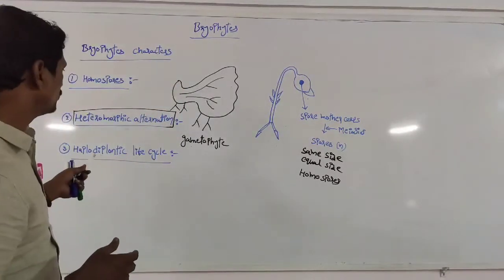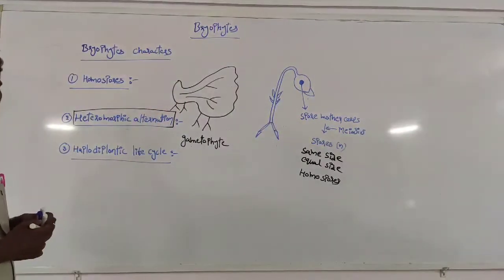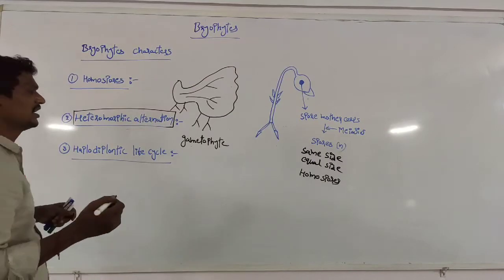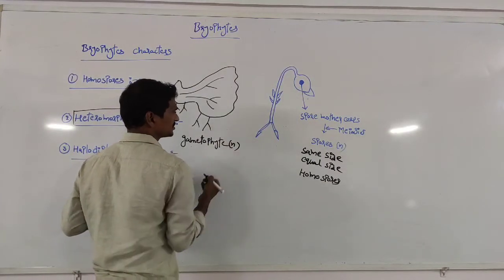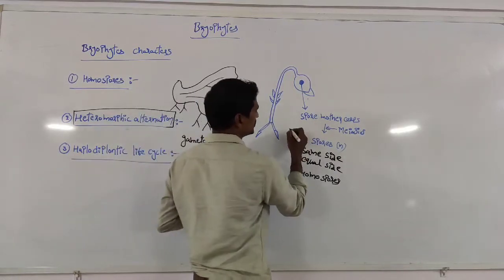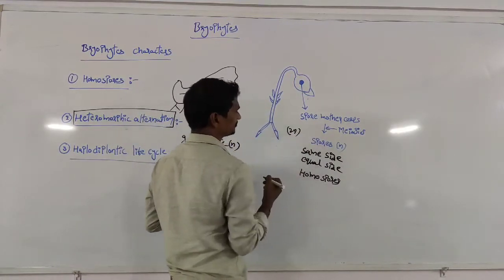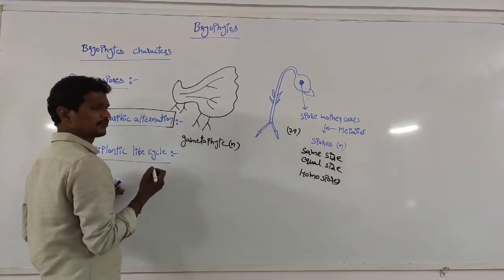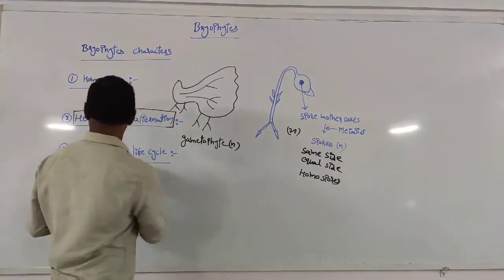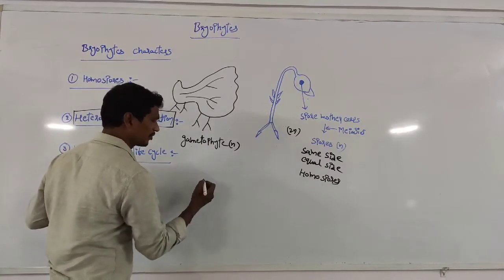And the haplodiploidic life cycle. I already said the gametophyte stage is the n stage, and the sporophyte stage is the 2n stage. So here there is a haplodiploidic cycle.